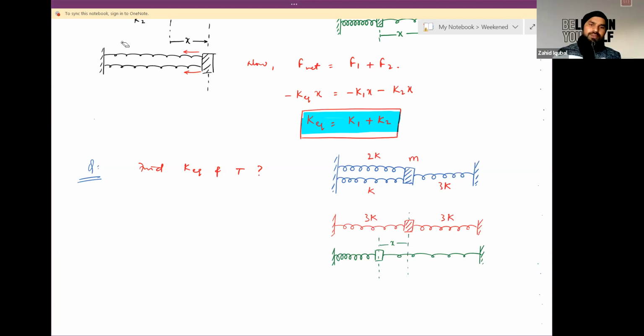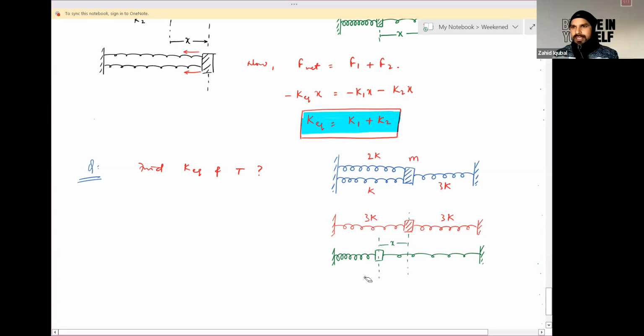No. Only the notation of compression and extension, but in both springs we have same displacement x. In this part it is compressing, and this part it is stretching. But the displacement in both these two parts is same. So if displacement for a particular combination is same, that will be termed as parallel combination.